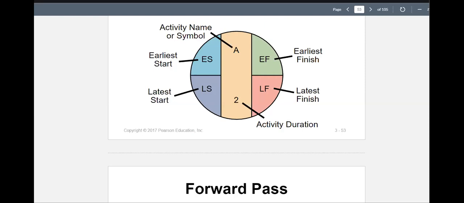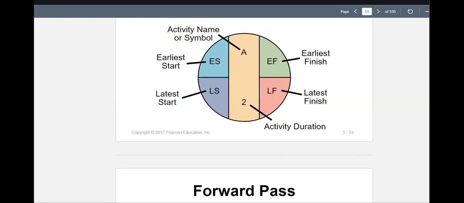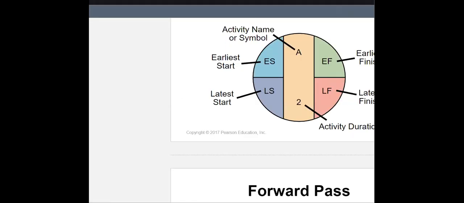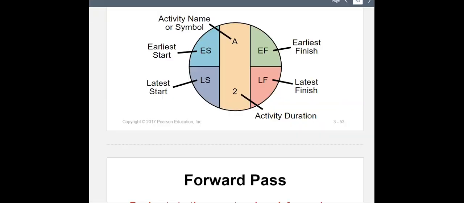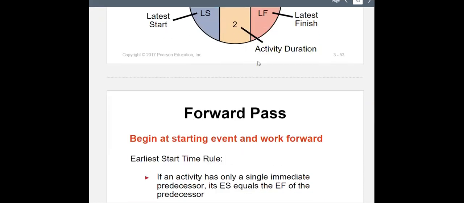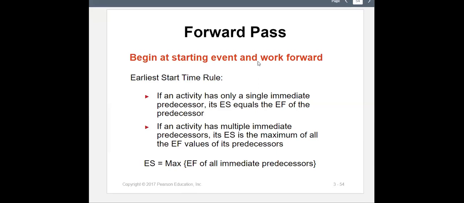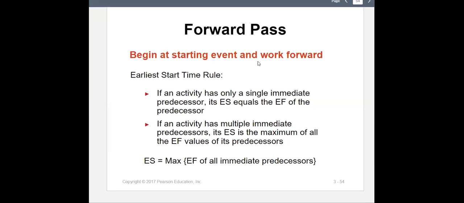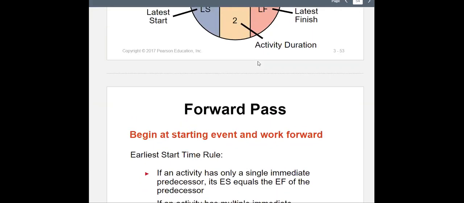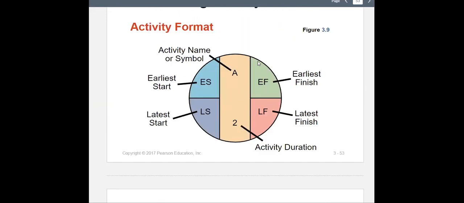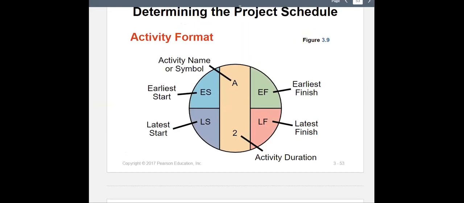Let me open the chat box here. Okay, so we have 2 processes here. One is called forward pass. In the forward pass, we fill up the upper part of these 2.